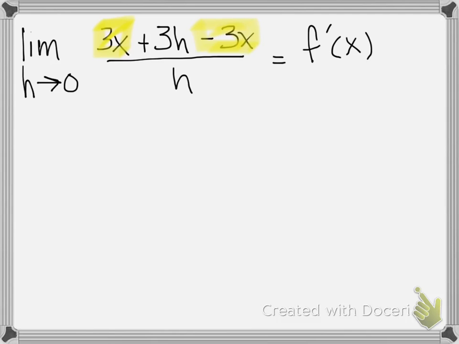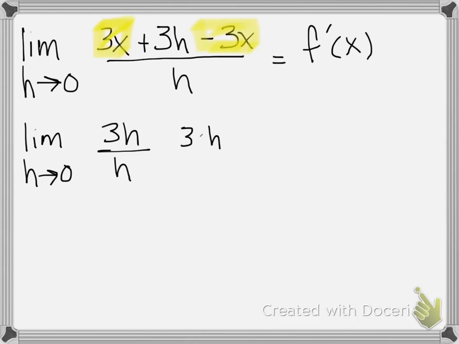So that will leave us with the limit as h goes to 0 of 3h over h. Alright, so now, since technically that is 3 times h over h, these h's right here will cancel each other out. And will just leave us with a 3.